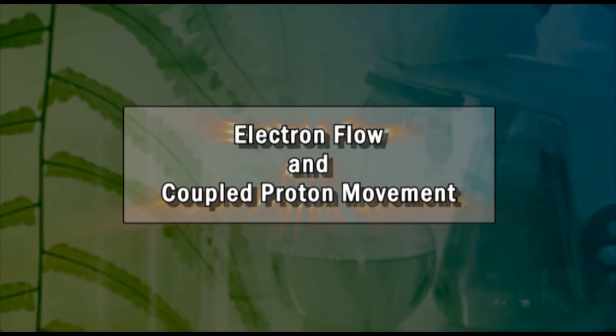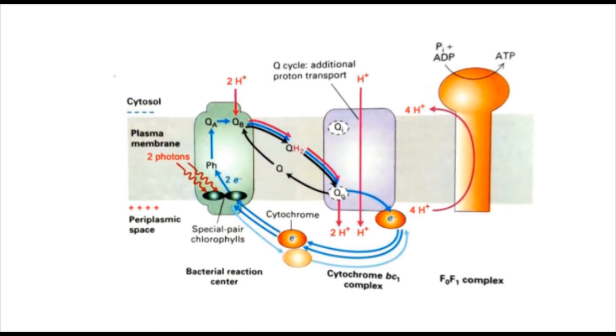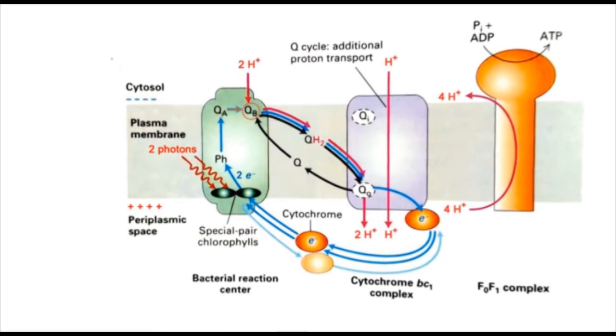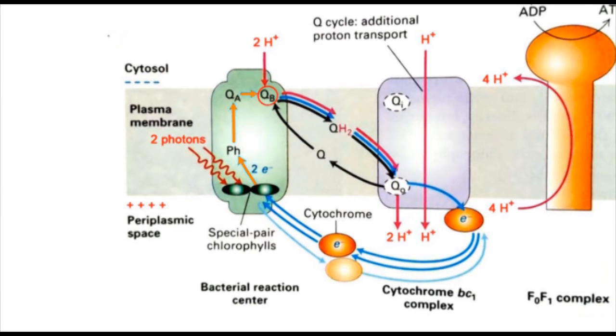Next is electron flow and coupled proton movement. After the primary electron acceptor, QB, in the bacterial reaction center accepts one electron, forming QB-, it accepts a second electron from the same reaction center chlorophyll following its absorption of a second photon.